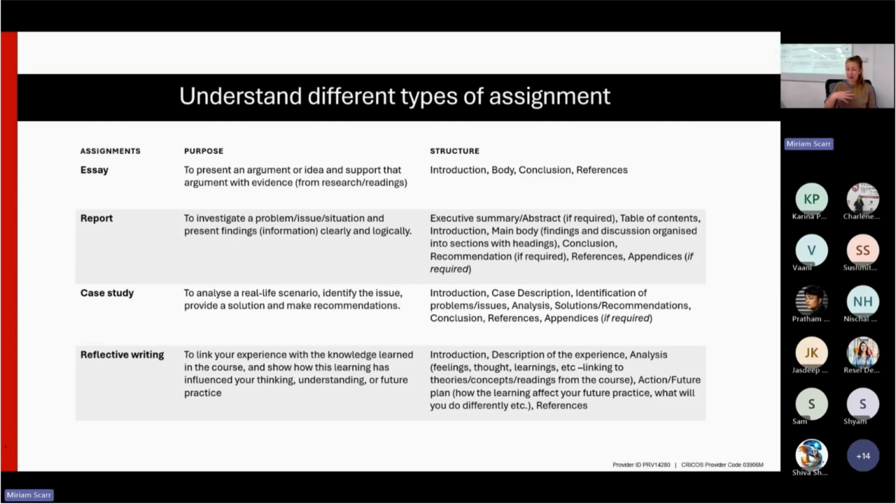So it is a reflection back on your experience, the way that the content that you've been talking about has made you think and feel more. And then you might relate that to action in the future.